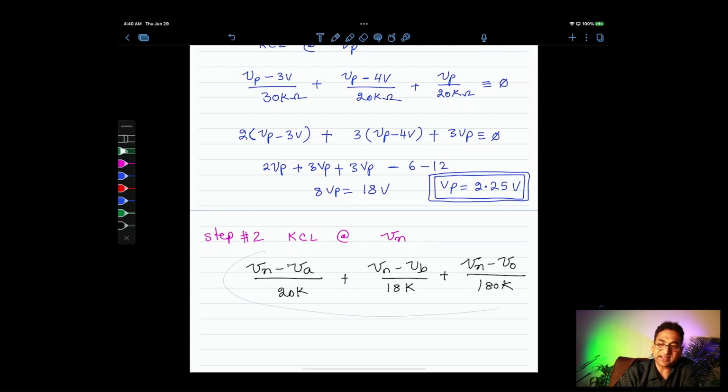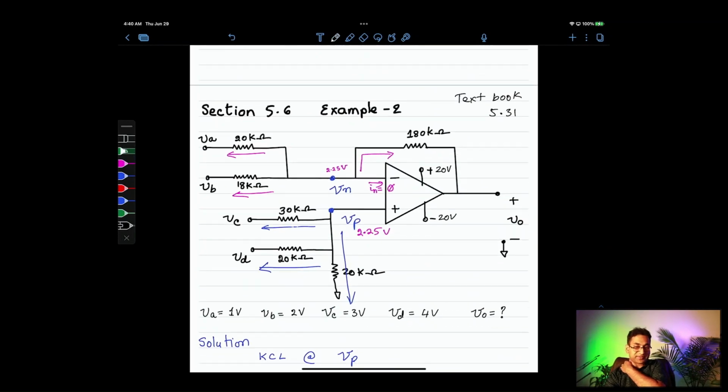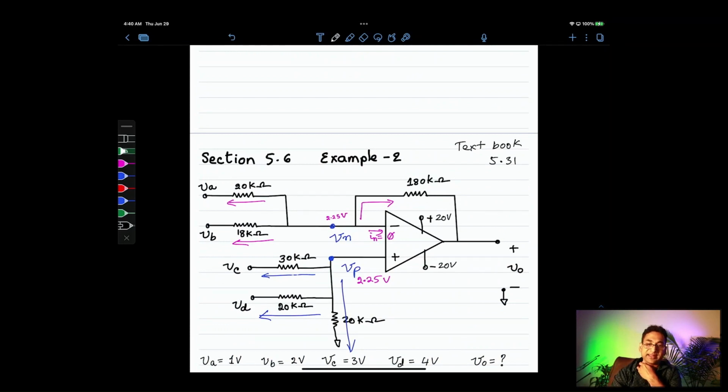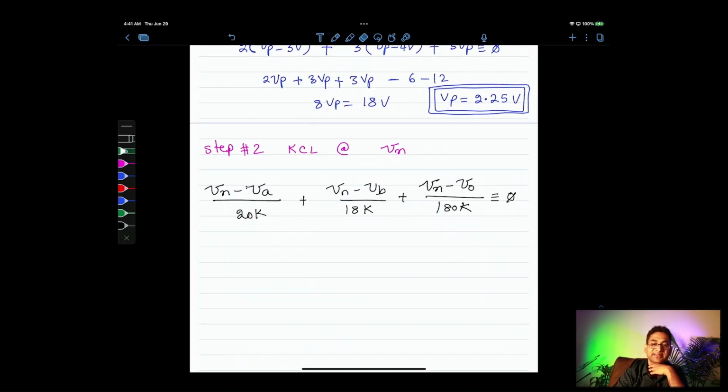You see, I have done these equations so many times that I almost memorized these numbers. So the current flowing in this branch, Vn minus Vo by 180k, that's what I plugged in for the last term.